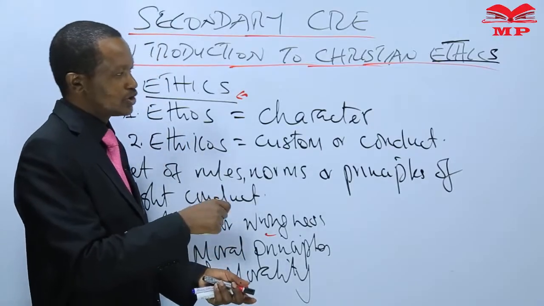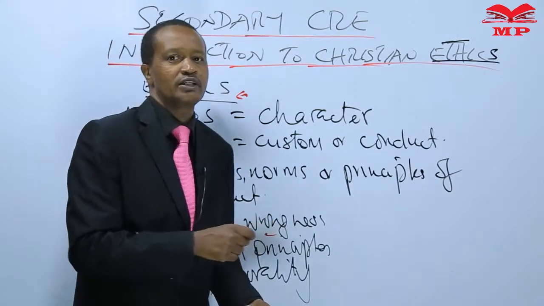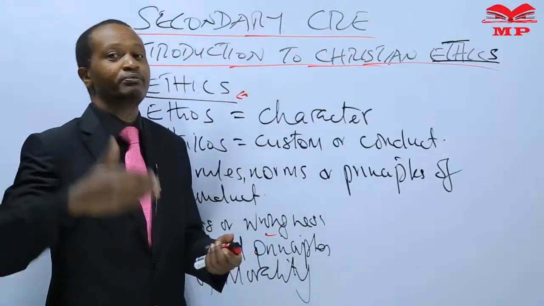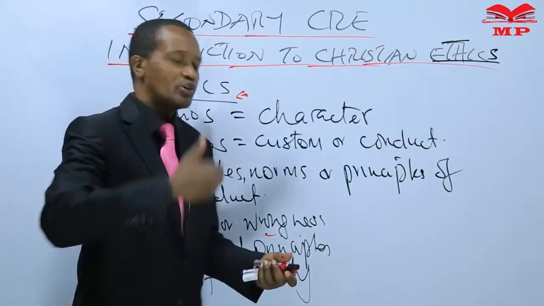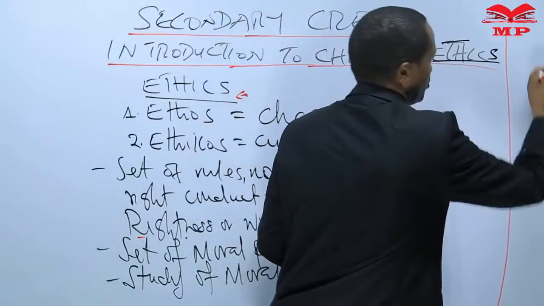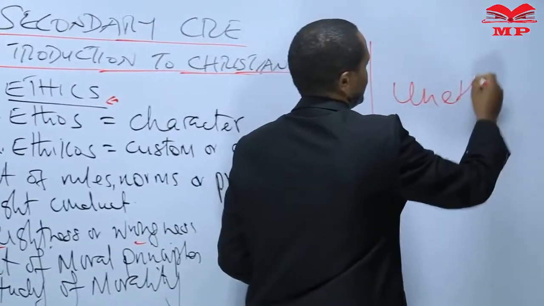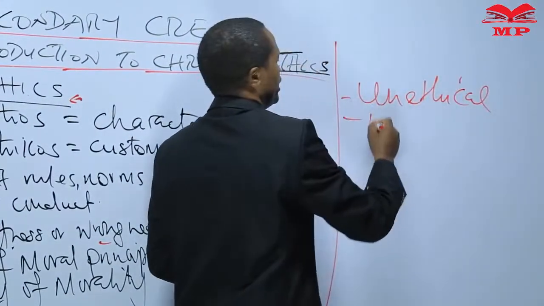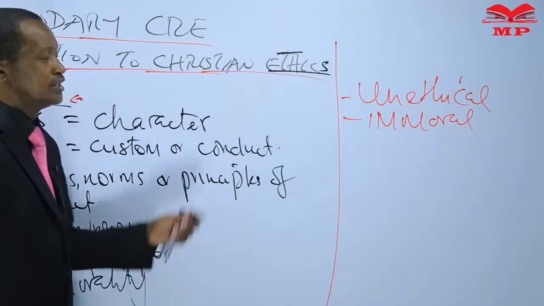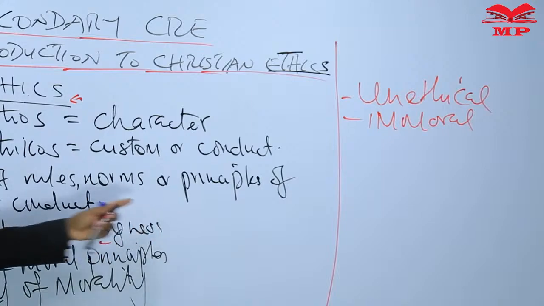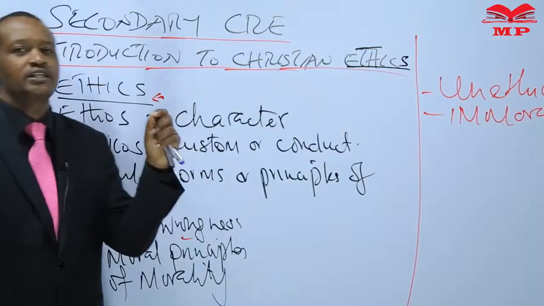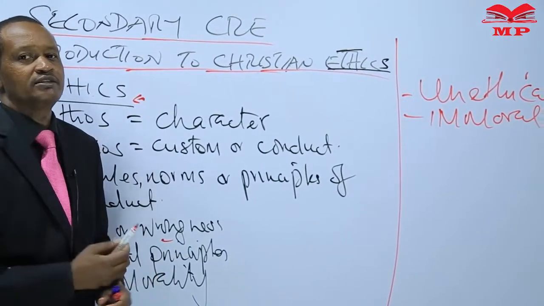Any action in such a community that is contrary to the existing standards or principles of expected behavior is termed unethical or immoral. The individual who goes against the set rules, standards, principles, and norms, we say that individual is behaving unethically.